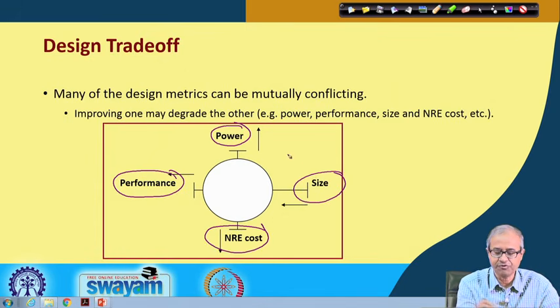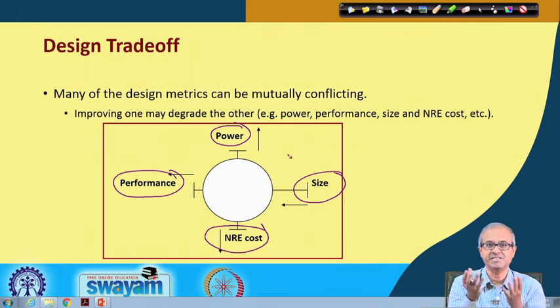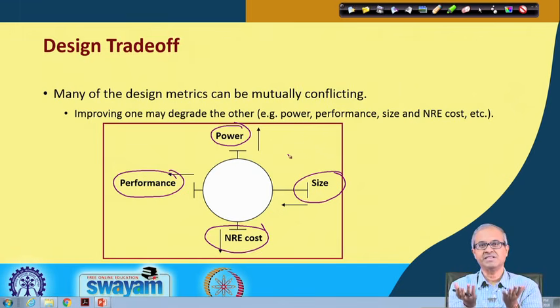Now, these 4 can be mutually conflicting. If you pull one, the others will be pulled in the reverse direction. If you want to improve one, maybe the others might get degraded. So, you will have to take a holistic view. This is the task of the designer. You cannot improve everything at once.